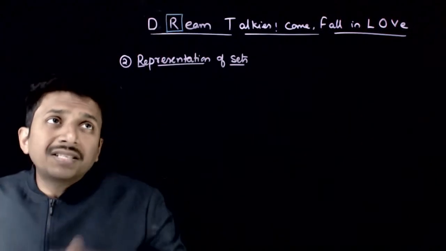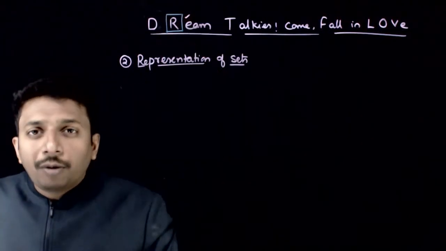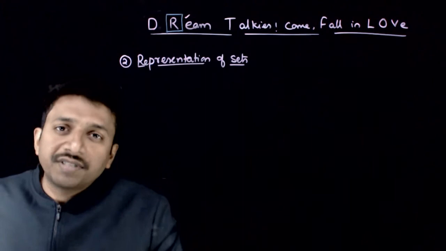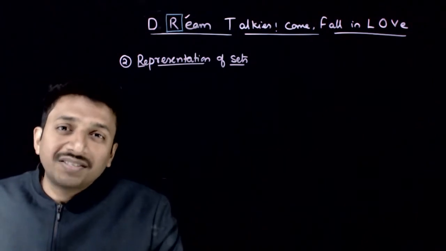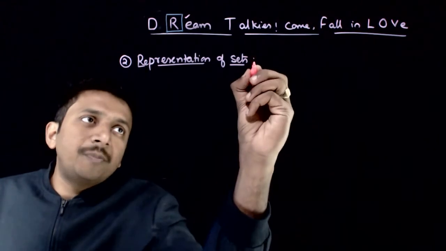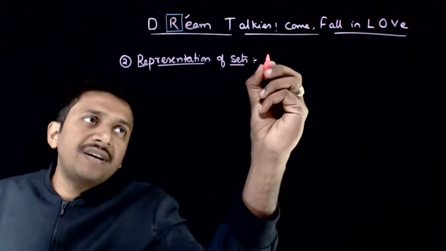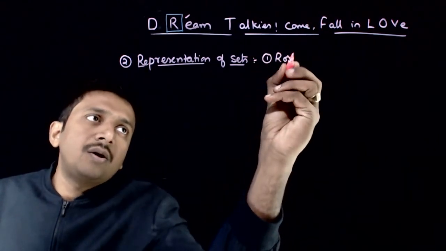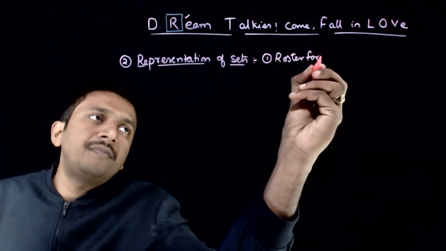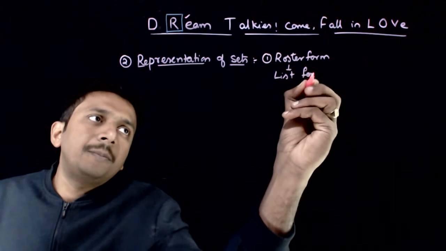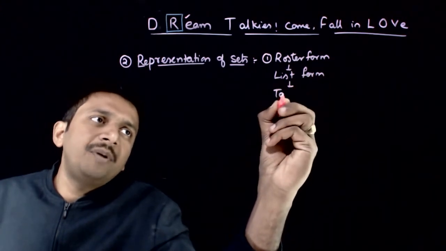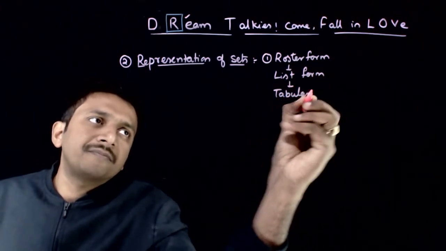So now let us go to a second topic, which is representation of sets. How are sets represented? How are sets written? Sets are represented in two forms. The first is a roster form or a list form or tabular form, so on.